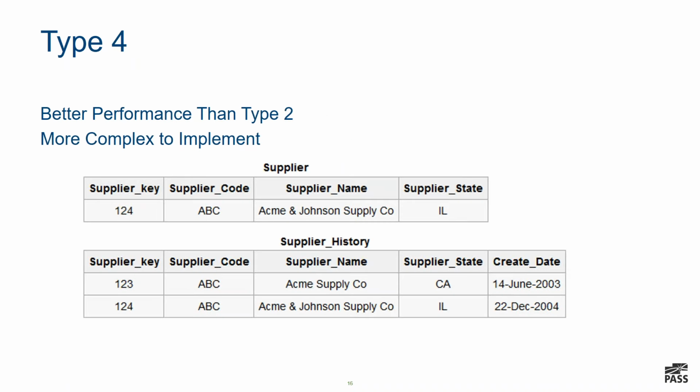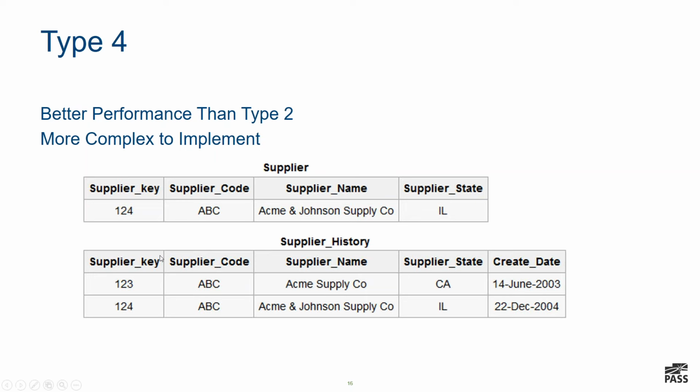Now what is type 4? Type 2 is a great type. The only thing is that it will affect performance, because it creates historical records in the same table, and after a while that table will be bigger and bigger, especially if you have a lot of changes. So type 4 was created especially to fix that performance issue. In type 4, I have the same structure.